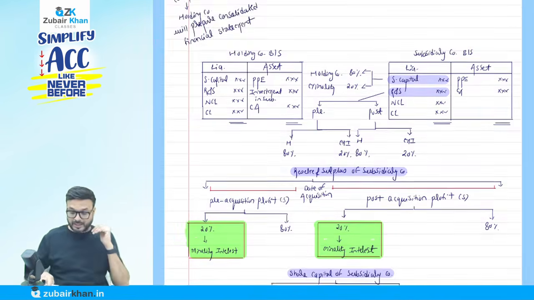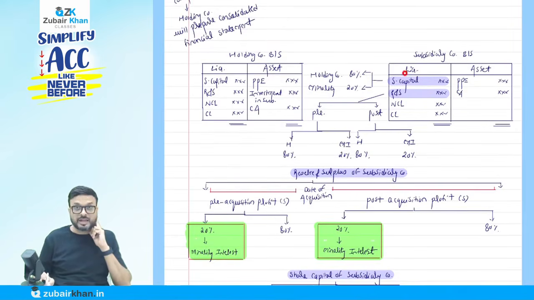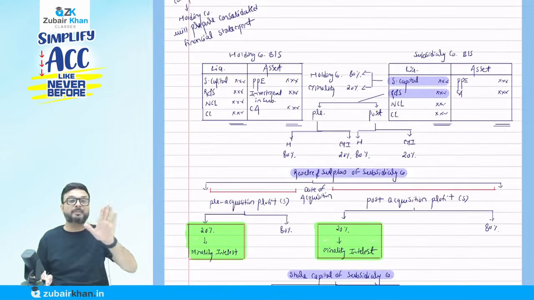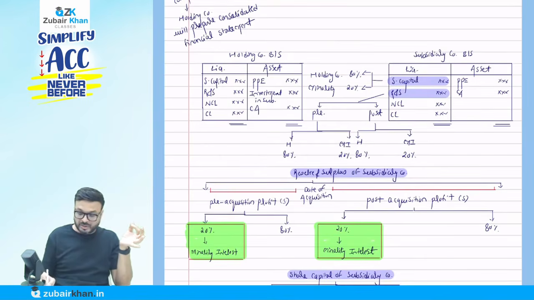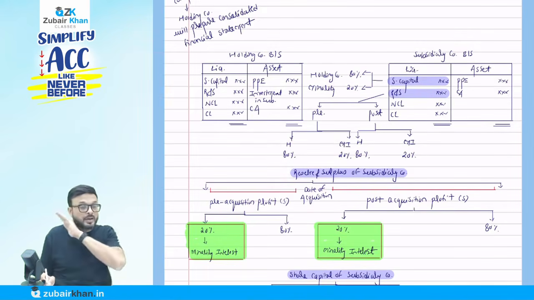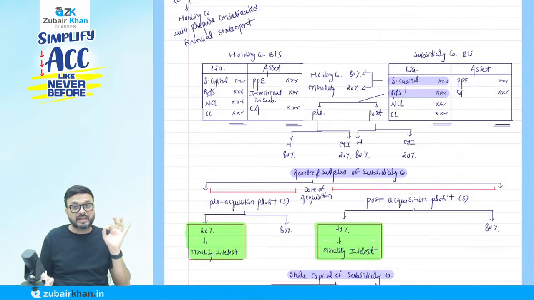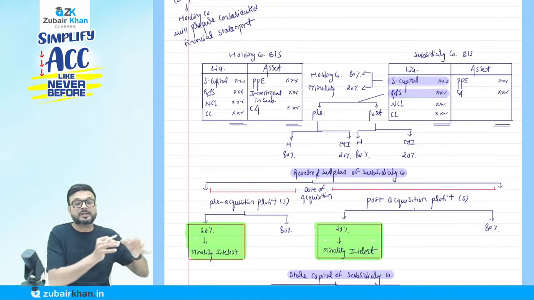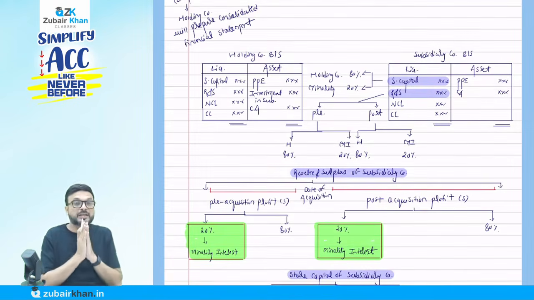We will make a separate working note for the portion which belongs to the minority in share capital, reserve and surplus. So this is a separate heading. We are not going to write down the share capital and reserve and surplus of the subsidiary company directly in the consolidated balance sheet. Be careful here.